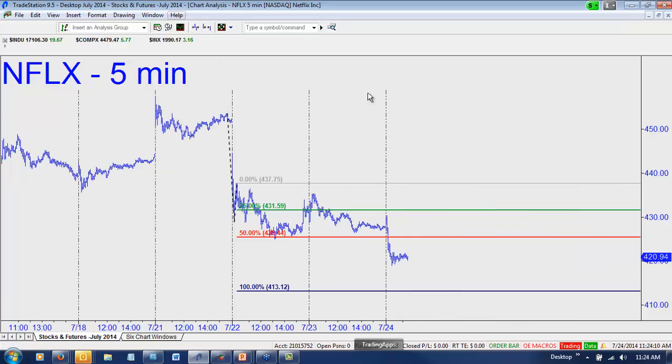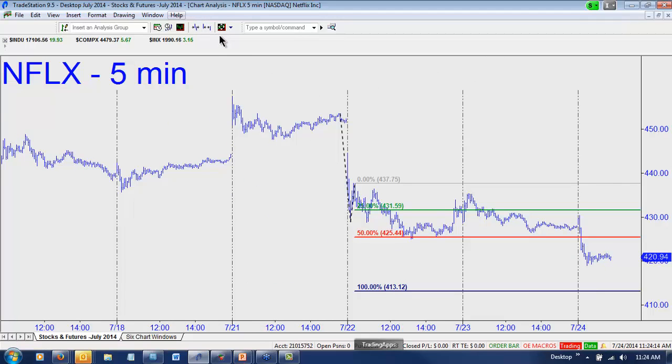One more thing I'll mention, when we look at PowerPoint slides of ABCD patterns that we use to trade and forecast, the patterns are frozen in time, and in some cases they've already actually played out.